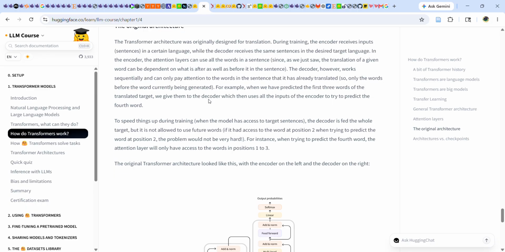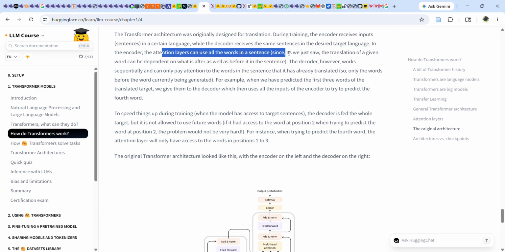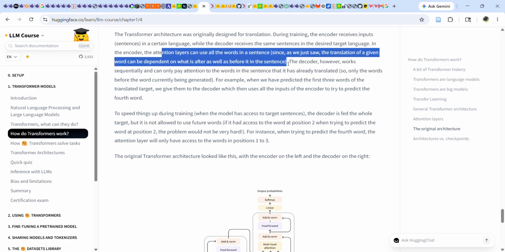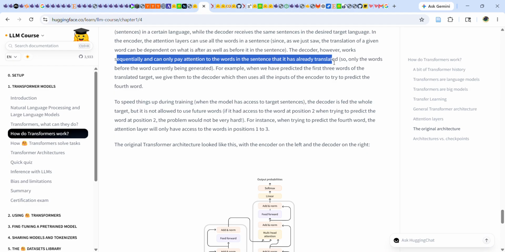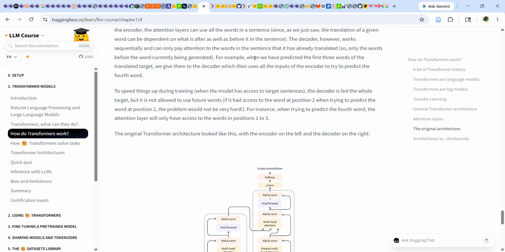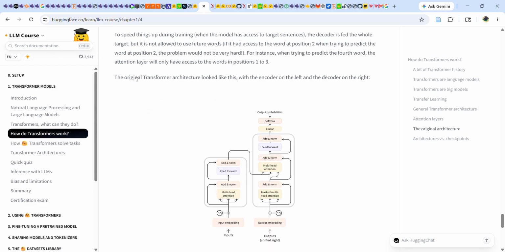In the encoder, the attention layer can use all the words in a sentence, as we just saw, because the translation of a given word can depend on what is after as well as before. The decoder works sequentially and can only pay attention to the words in the sentence that it has already translated, so only the words before the word currently being generated. For example, when we have predicted the first three words of the translated target, we give them to the decoder, which then uses all the inputs of the encoder to try to predict the fourth word.